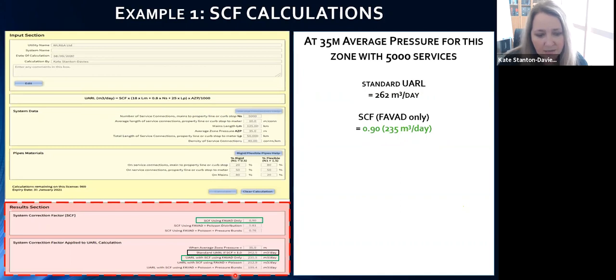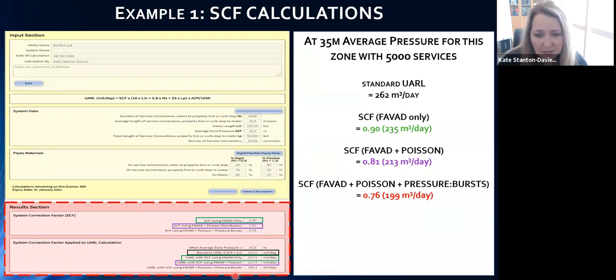If we now consider FAVAD and Poisson, that gives us a system correction factor of 0.81 and a volume of 213 cubic meters per day. And if we also consider FAVAD, Poisson and pressure bursts, it brings that down to a system correction factor of 0.76 or a volume of 199 cubic meters per day.